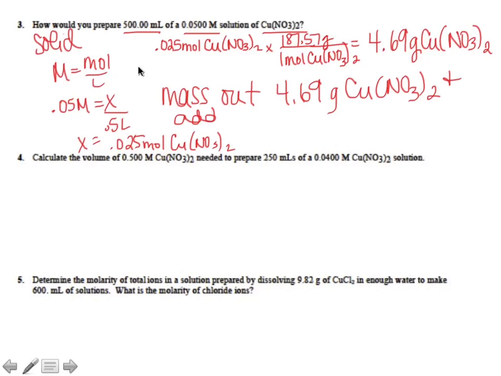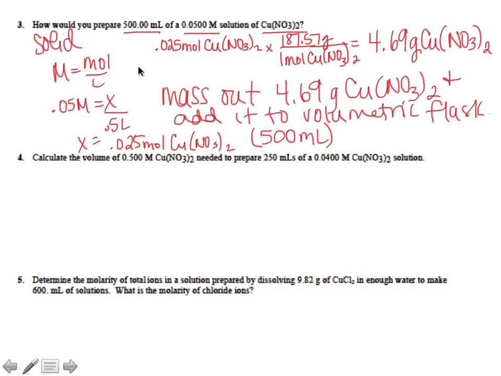And we're going to add it to, what did I call those things a while ago? Those long things where we make solutions? Add it to the volumetric flask. What size volumetric flask should we use? We need 500 milliliters, so we need a 500 mL volumetric flask. And then what we're going to do is we're going to add water.